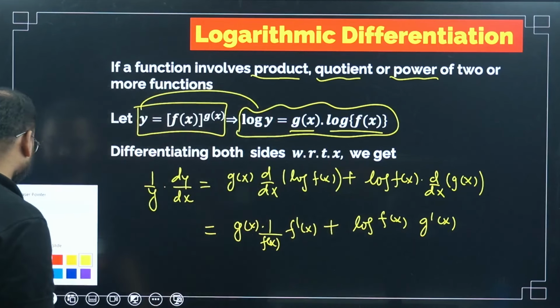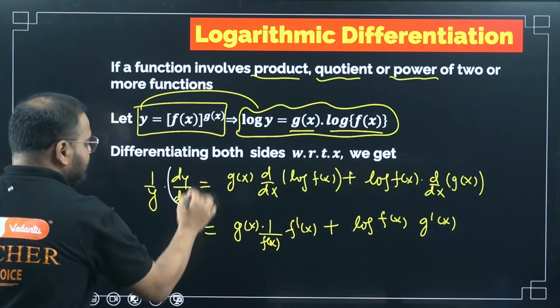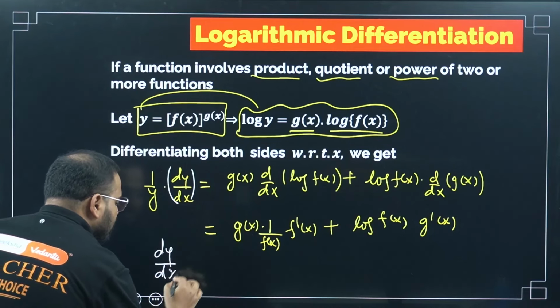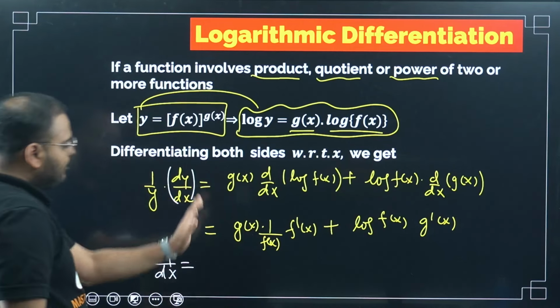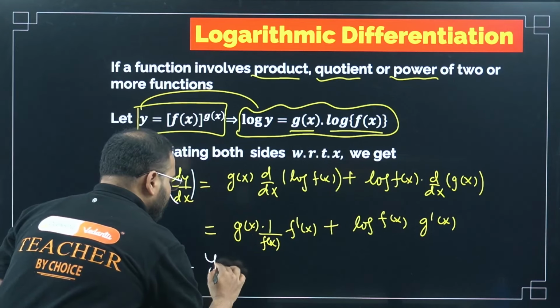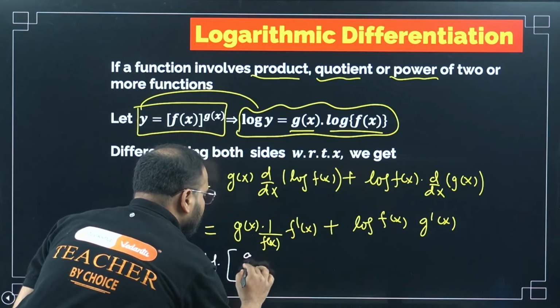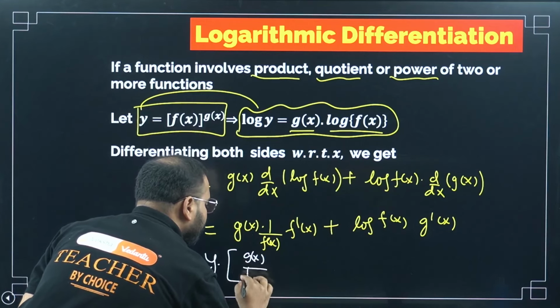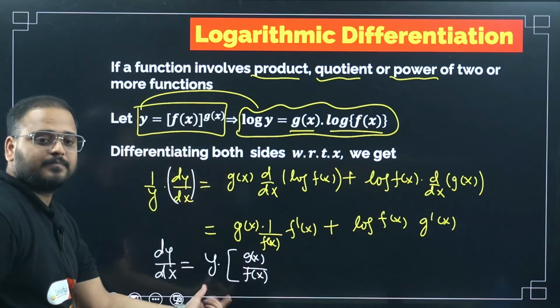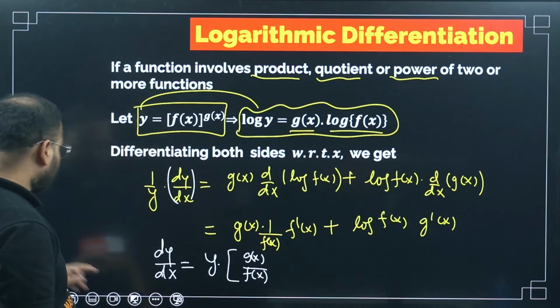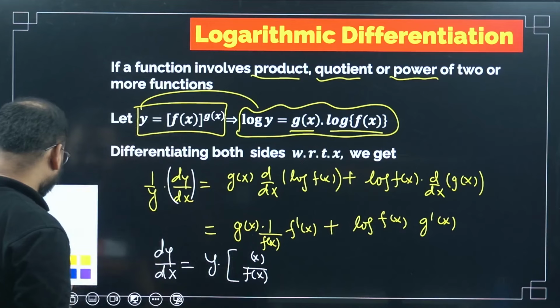Final answer, so I write only this part. dy by dx is equal to, I can take this y on that side. It will become y times, in the bracket, g(x) by f(x). This is what? g(x) by f(x). I hope this is visible. Yes, g(x) by f(x) is visible, right? Is g not visible? Let me write again.